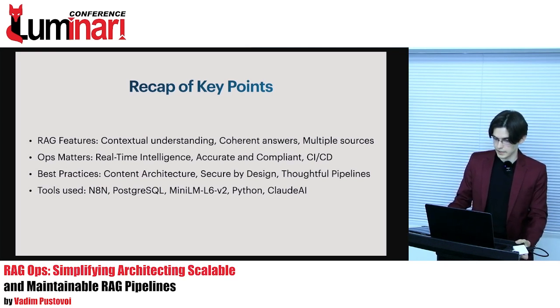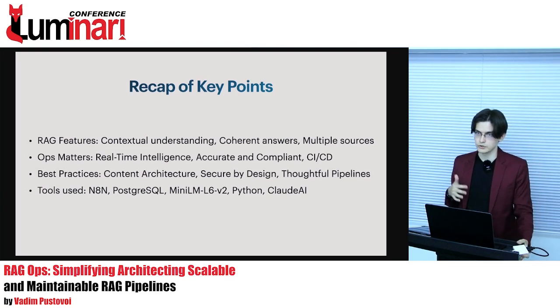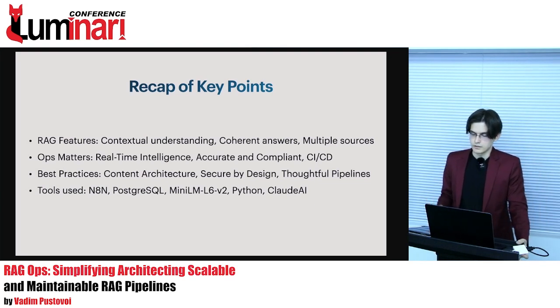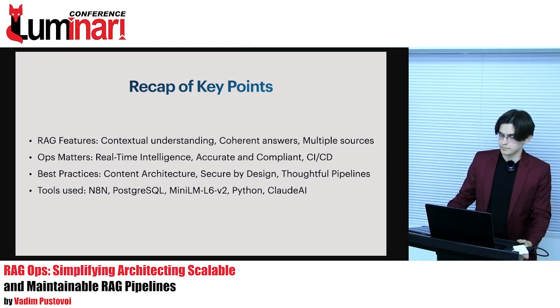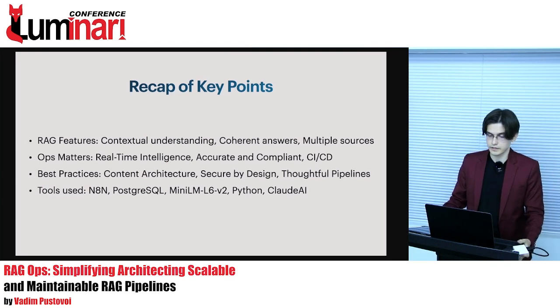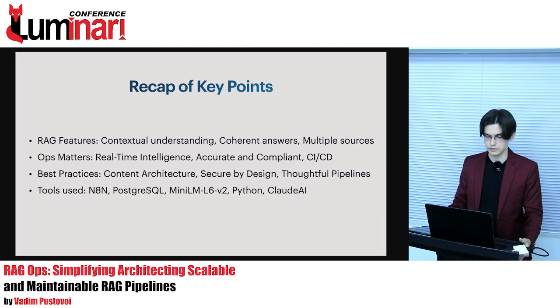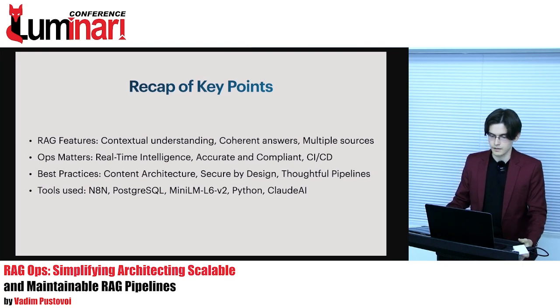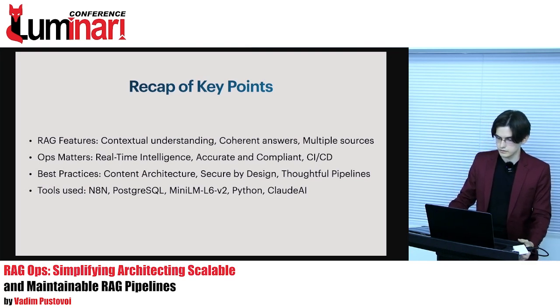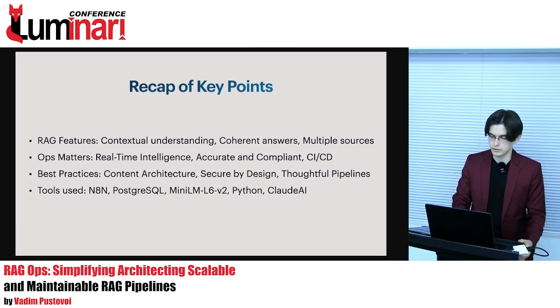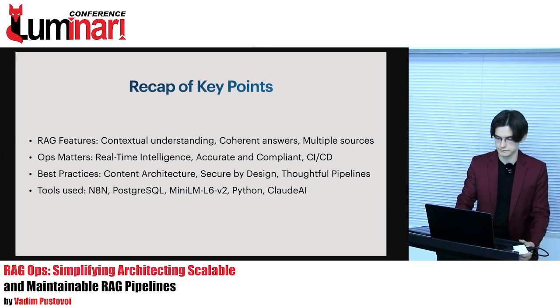Some best practices are content-first architecture, secure by design, and thinking about pipelines. n8n is not the best tool for this, but I think one of the simplest. I also used PostgreSQL, the MiniLM model from Hugging Face, Python, and Claude AI just to help me prepare faster.